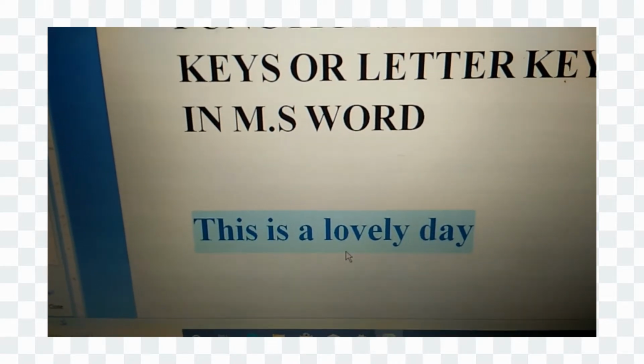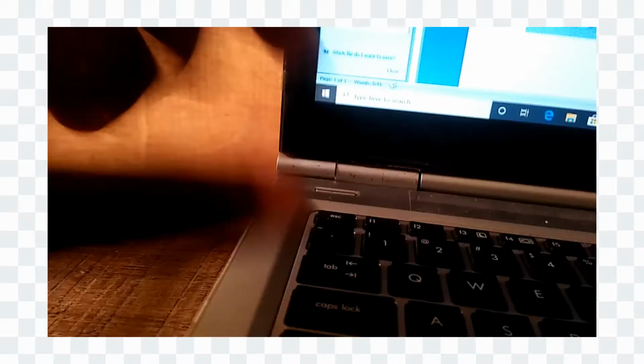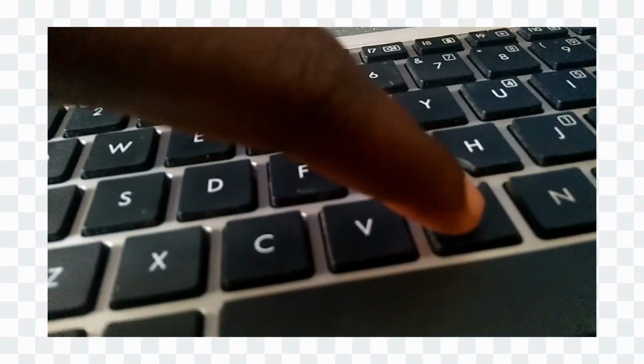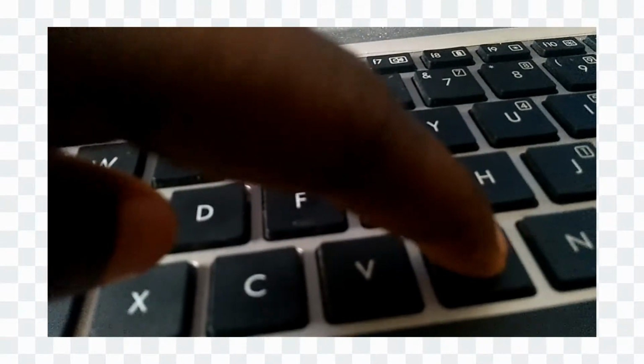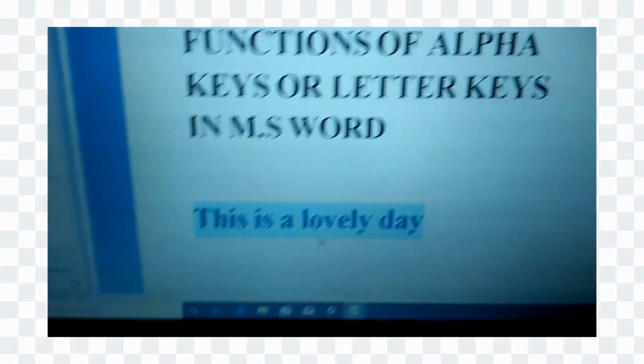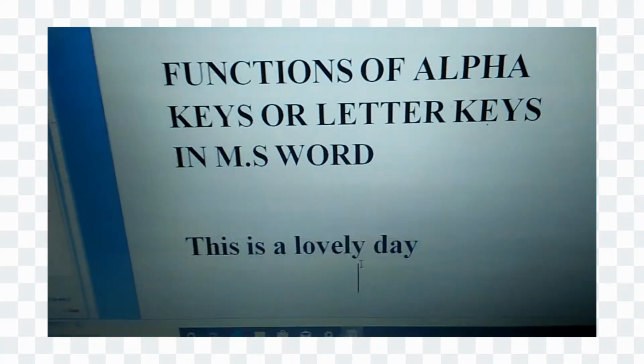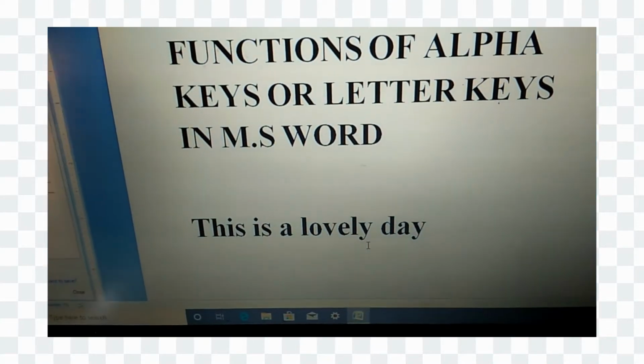So that's the function of Ctrl key plus the B key. Ctrl plus B. So that's the function, is to make your work look more dark.